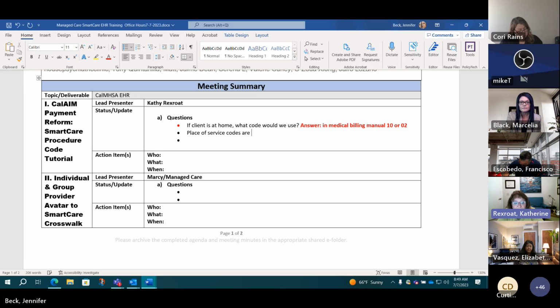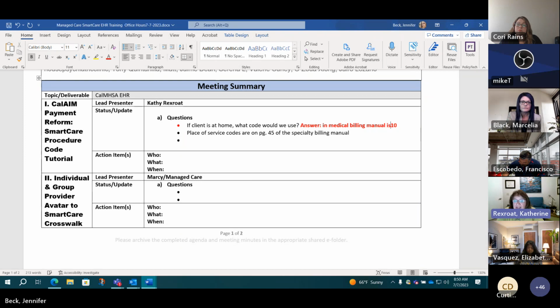Let's see. 02 is telehealth provided other than in the patient's home. 03 is school, and place of service code 10 is telehealth provided in patient's home. So when you're using place of service 10, that means the patient is sitting in their home and you're sitting elsewhere providing telehealth. 02 is telehealth provided other than the patient's home. The patient might be sitting at school or grandma's house when they're receiving the service.